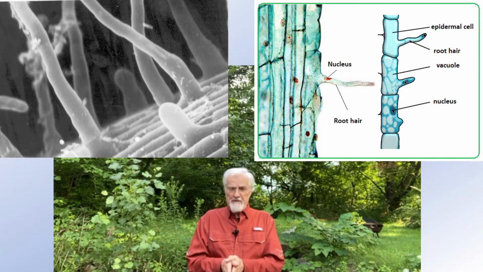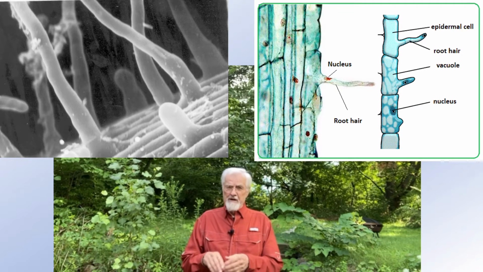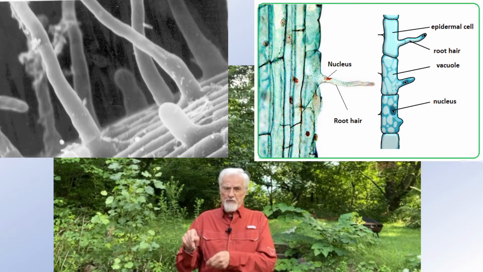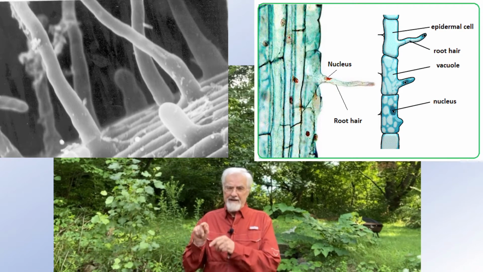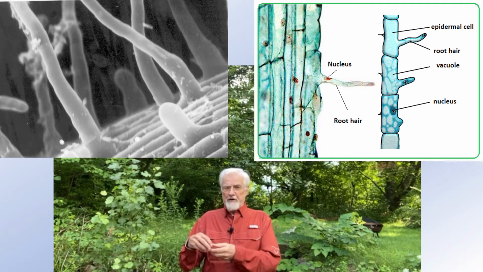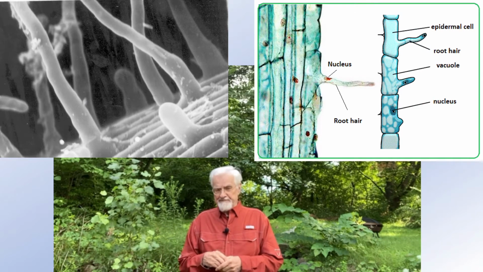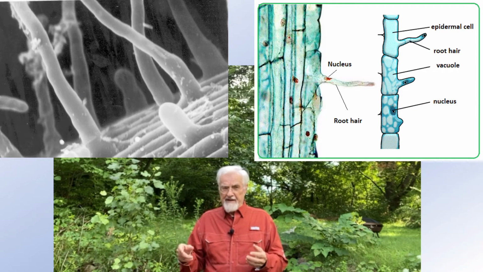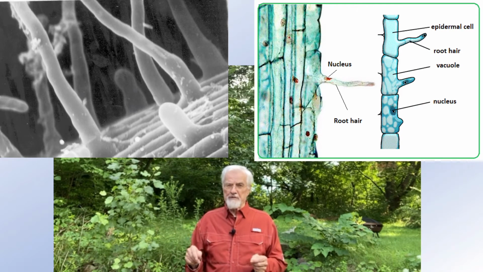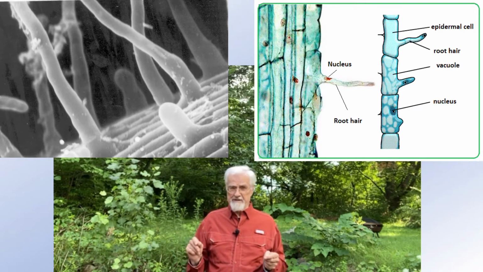So in the epidermis of the fine root system, what you have are root hairs, and those root hairs are projections out of individual cells, and it's across the membrane of those root hairs that the actual absorption of nutrients takes place.